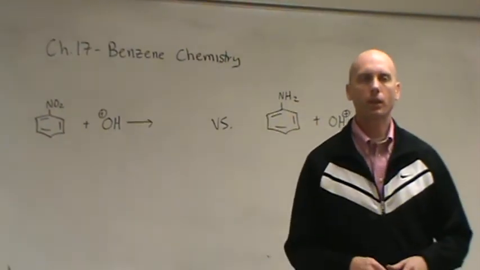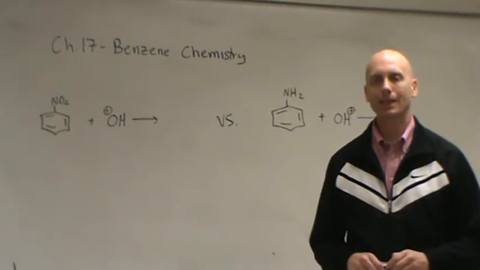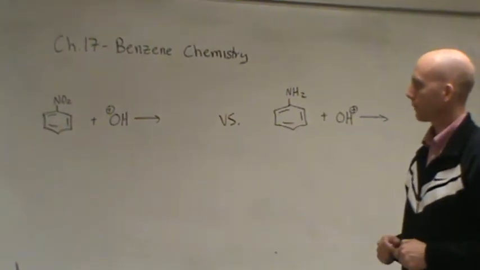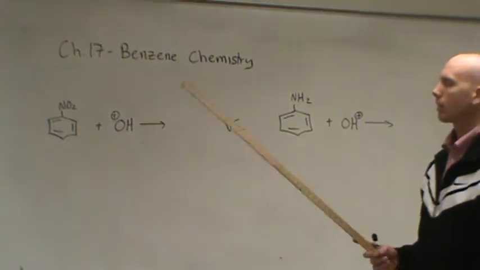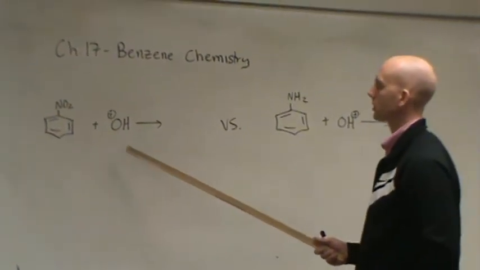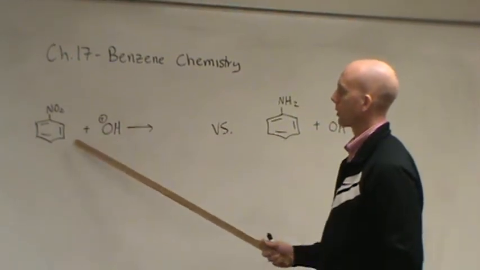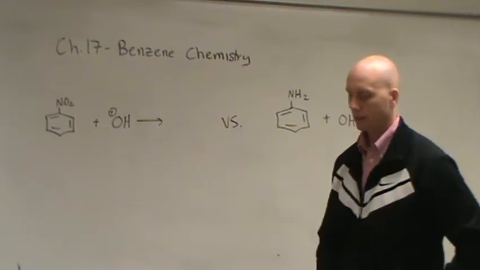Okay, well today I wanted to pick up where we left off, just one little minor detail before moving on to another part of benzene chemistry. Recall we added on different electrophiles to different substituted benzenes. Here we added the OH plus onto nitrobenzene, okay?